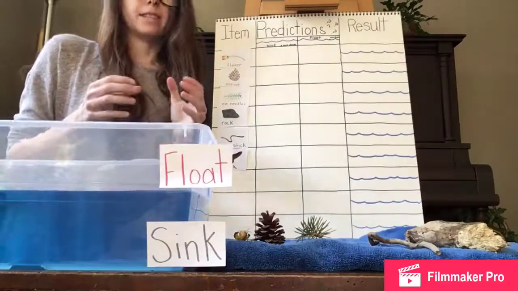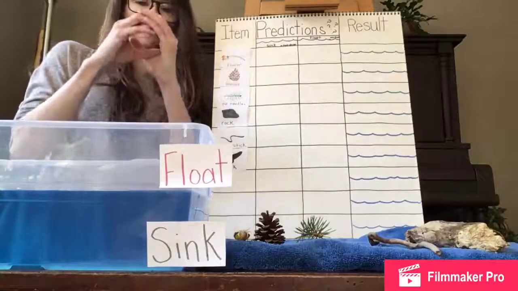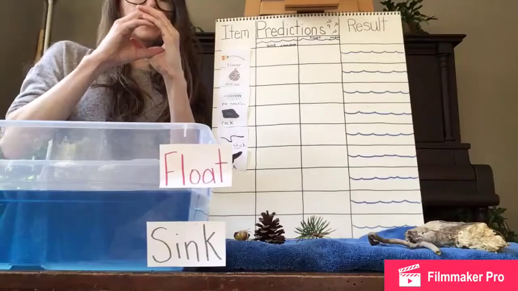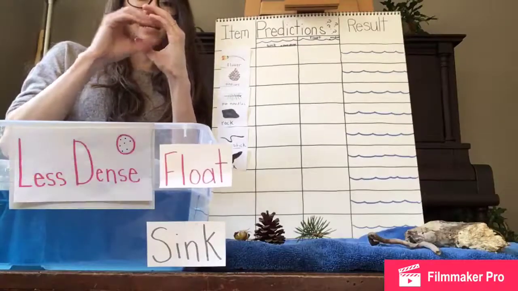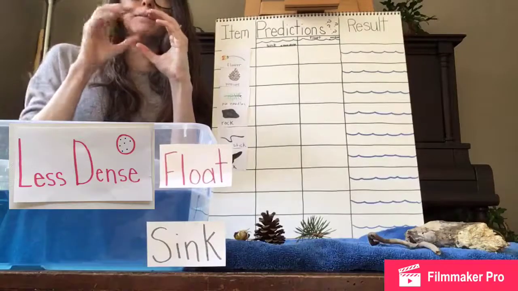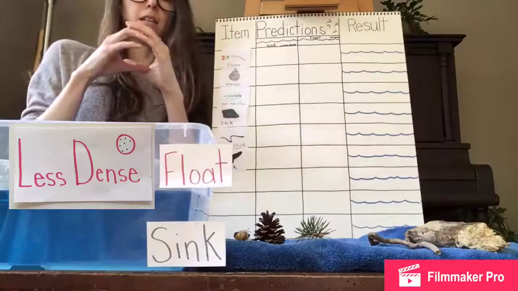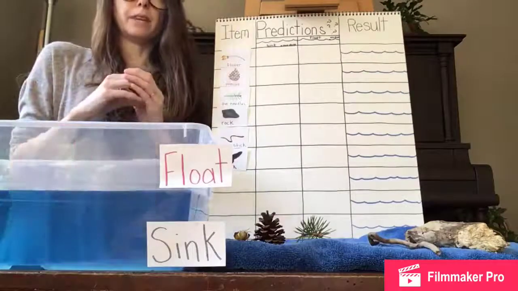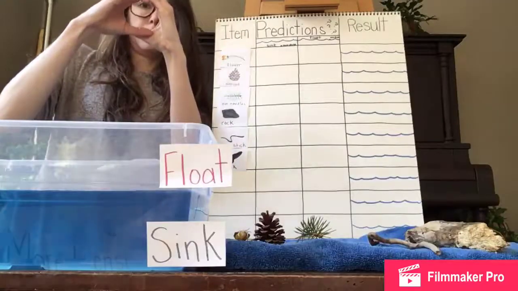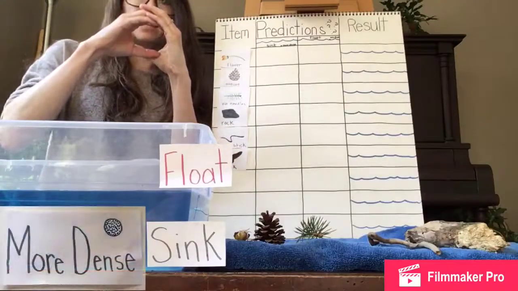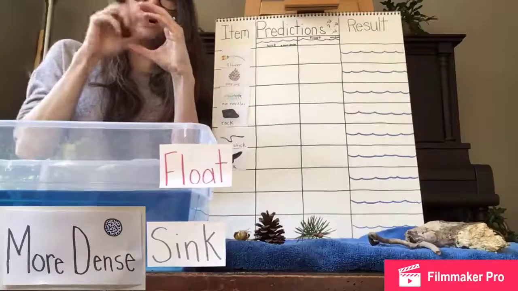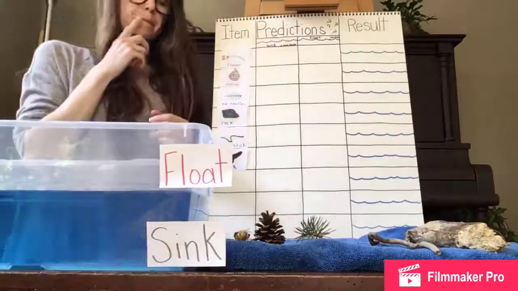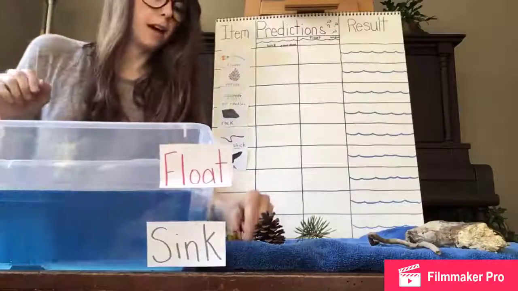So, when something is small, say we have a ball, but its density is really light, it means it has a little bit of molecules in it, not a lot. So then it will float. When something like a ball is very dense, it means it has a lot of molecules in it, and that means it will sink.